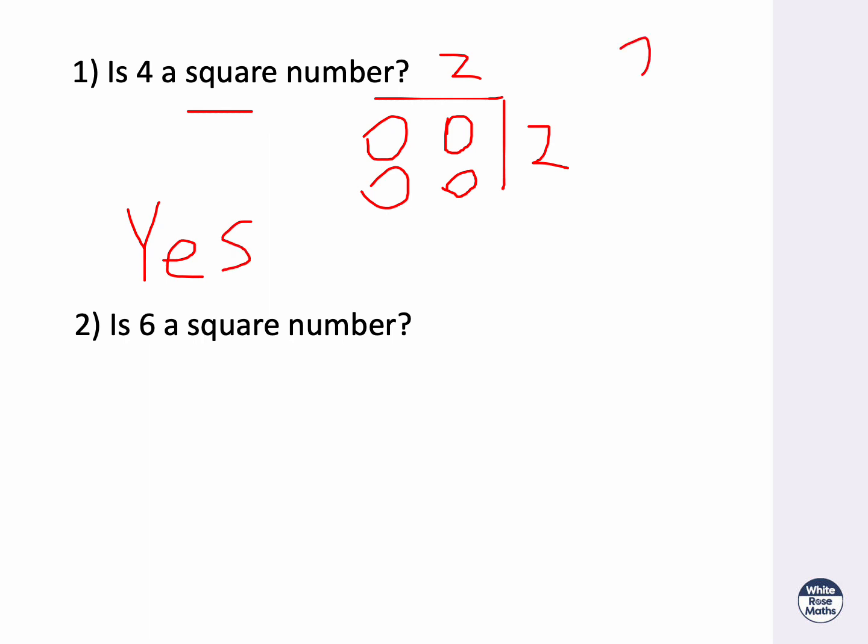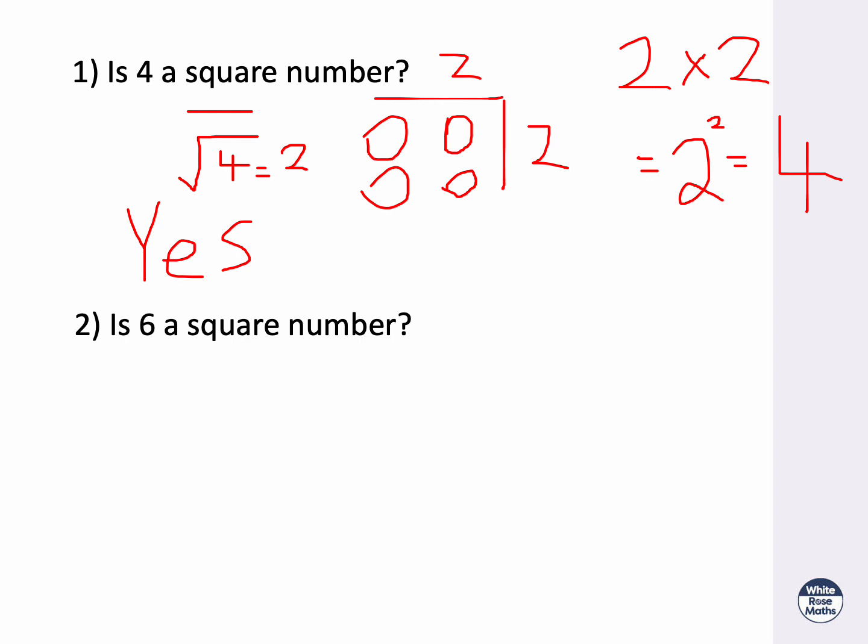Or we can write it using what we call a power or an exponent form. So 2 times 2 is the same as saying 2 to the power of 2. And 2 to the power of 2 means 2 times 2, which is 4, guys. Or working backwards, the square root of 4 is equal to the number 2, guys.